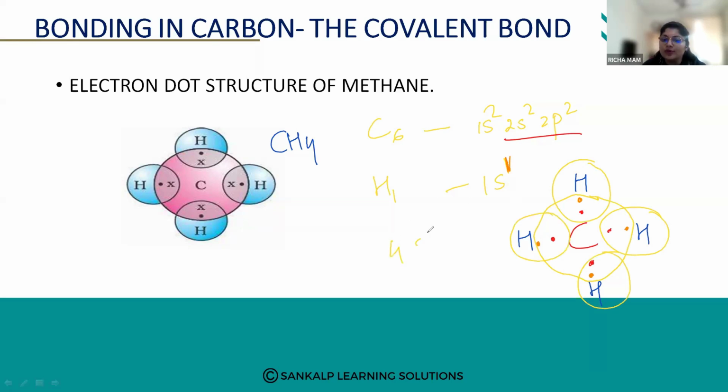Four single covalent bonds are formed, by sharing 4 pairs of electrons, or you can say 8 electrons are shared. Like this, and this is called the electron dot structure of methane.